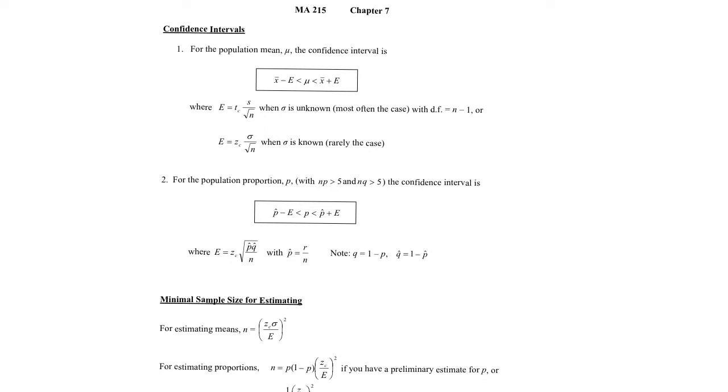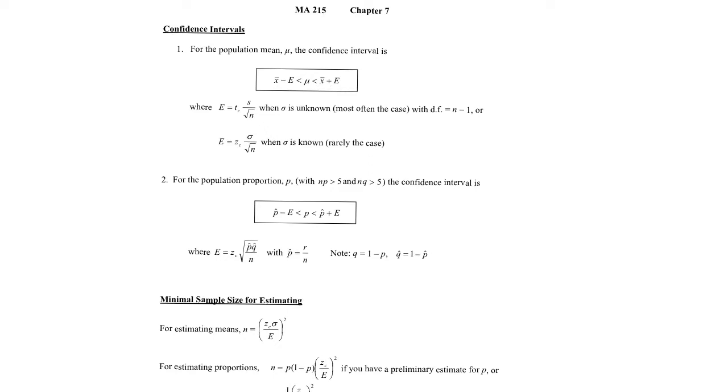In Chapter 7 we study 7.1, 7.2, and 7.3, and they all deal with confidence intervals. When we're talking about population mean mu, that's going to be either section 7.1 or 7.2, and they both use this.